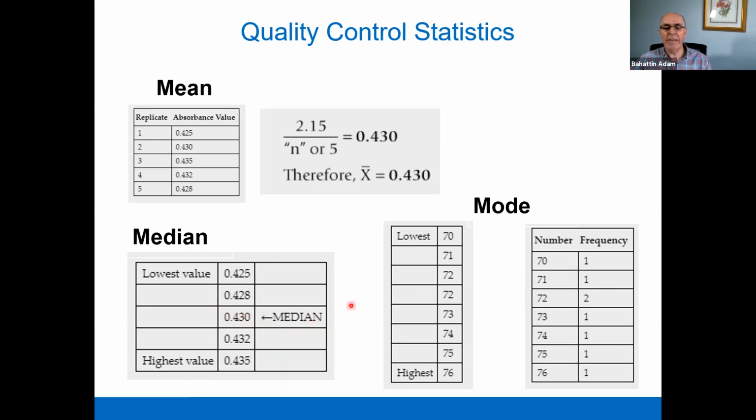And if you sort the same data and look at the frequency of the data, the highest frequency will be the mode. As you see, in this case, 72 is the mode of this data set.